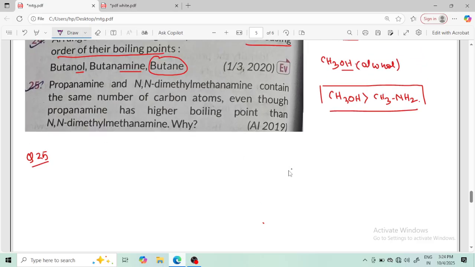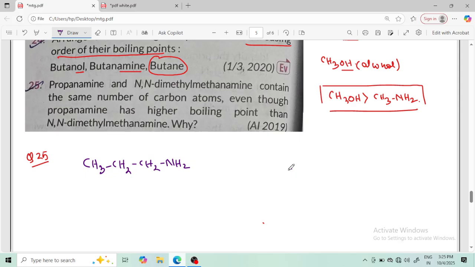Propanamine and N,N-dimethylmethanamine contain the same number of carbon atoms, even though the propanamine has higher boiling point than this one. Let's draw the structure. What is propanamine? Propanamine means 3 carbons, CH3, CH2, CH2 and NH2, right?